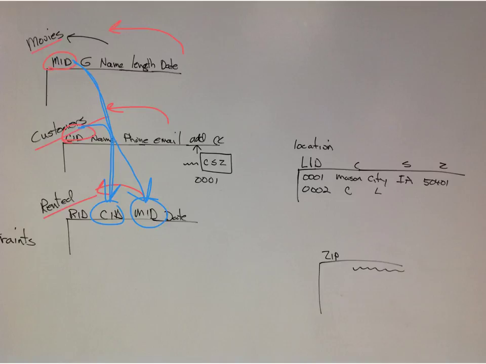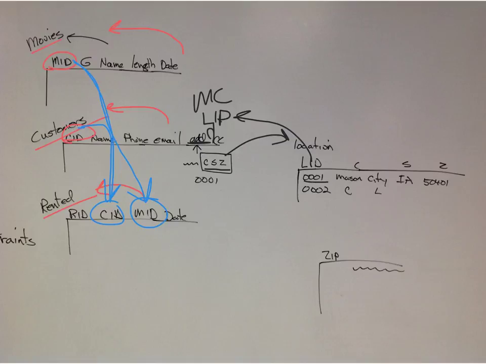Then we talked about when you look at a table, is there an area where you can take something out of the table and create another table? So we had talked about this address, city, state, zip. Well, if these are movies being rented, let's say in the Mason City area, there would be a lot of Mason City, Iowa 50401. And rather than do that, we take that out and maybe call it location. Then we'd put an LID field in here.